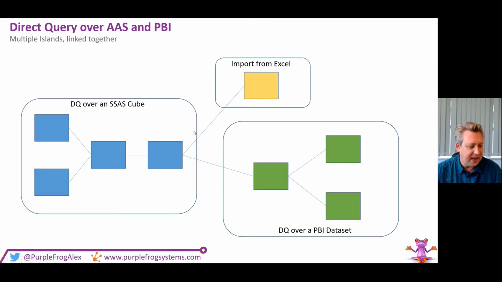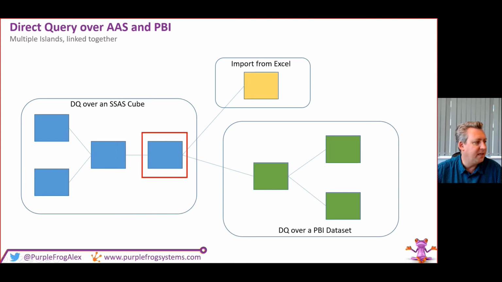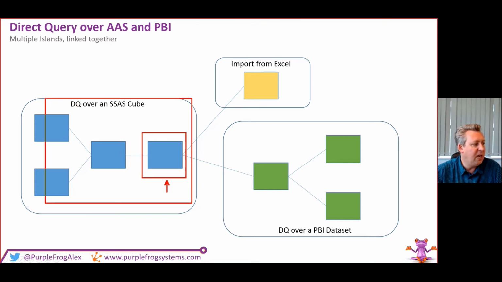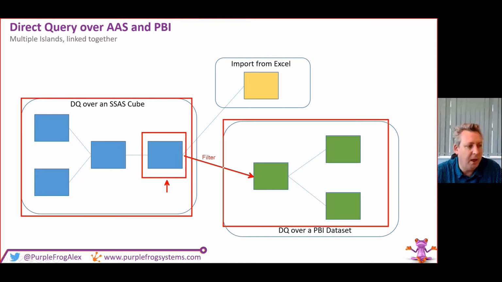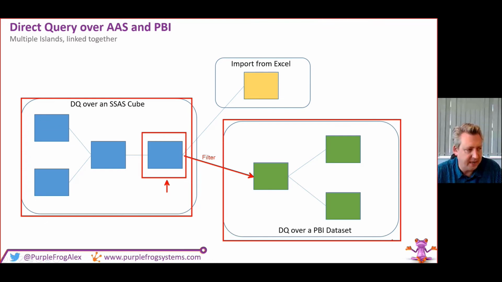So if we go back to here, let's say we have row-level security applied to this table here. Then that row-level security will absolutely be honored in its island. We can see there's a join here, so that also turns into a filter here. And so it will look like row-level security is also applying to this data set.